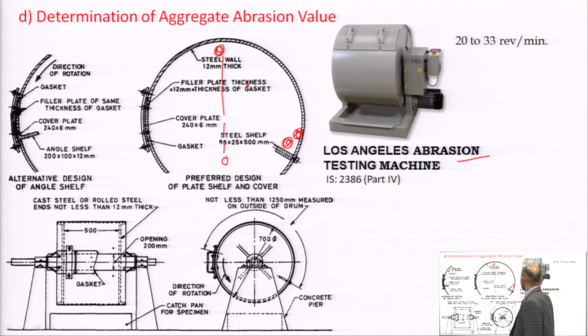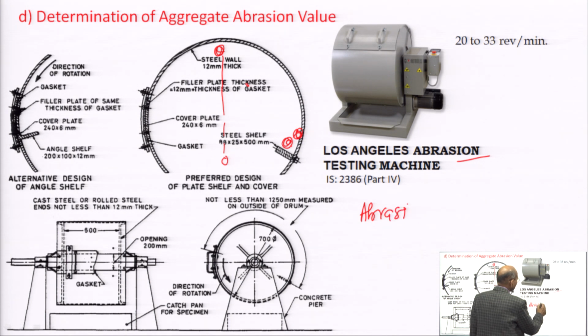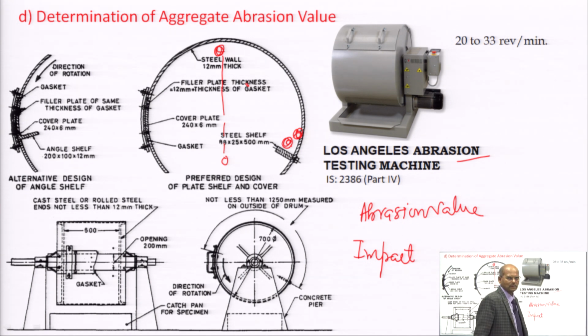So, the Los Angeles test is going to give you abrasion value as well as impact, which gives a more realistic picture. This test is recommended by IS 2386 part 4, and the standard dimensions of this machine are given. This figure has been directly taken from IS 2386.